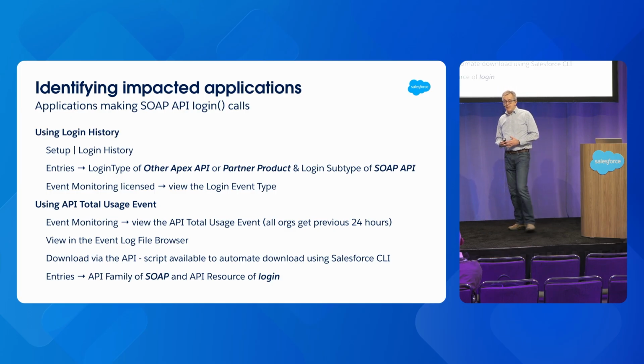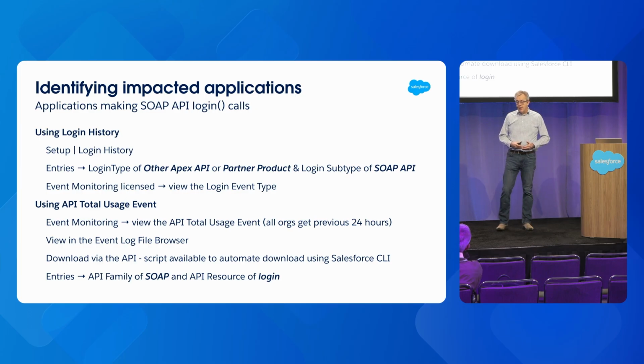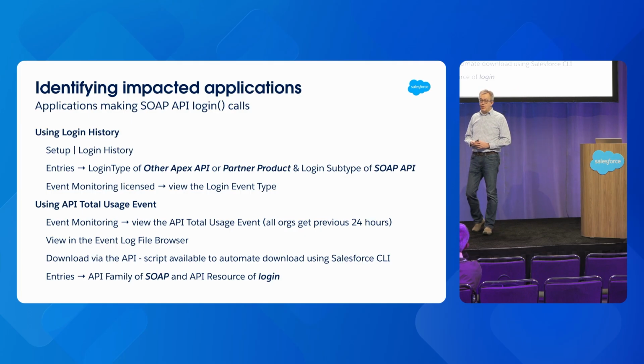Secondly, you can use the API Total Usage event. Now, every org has access to the previous 24 hours of this API Total Usage event. And within Setup, you can go into Event Monitoring. There's a tool there called the Event Log File Browser, and you can download these API Total Usage events.